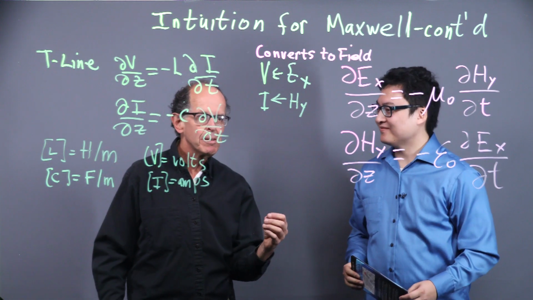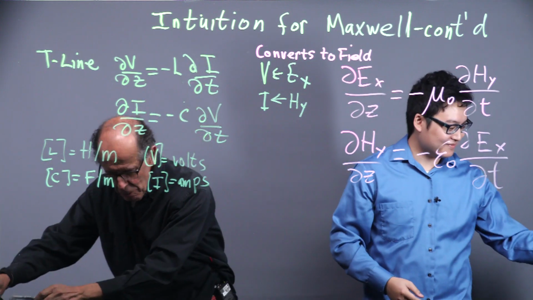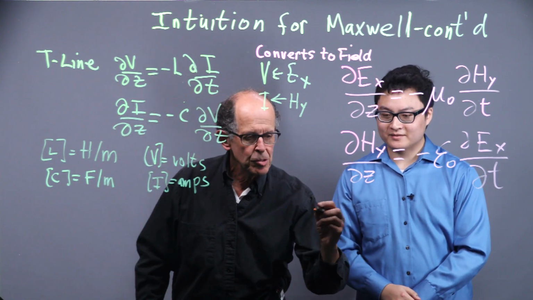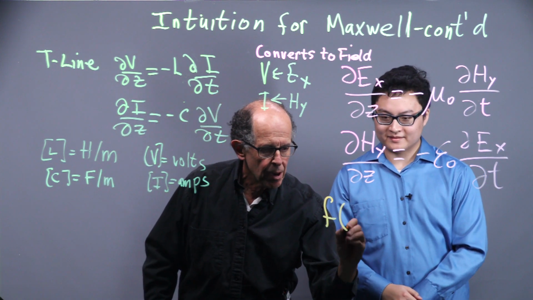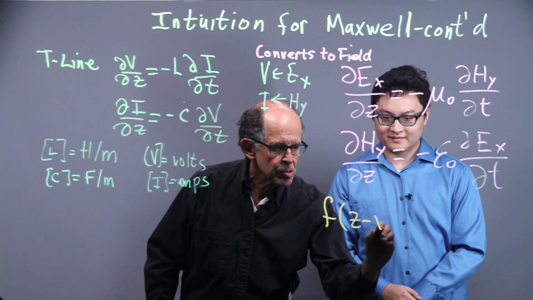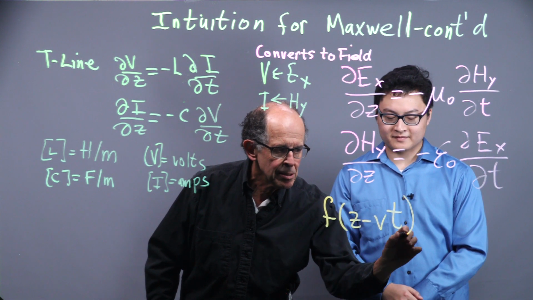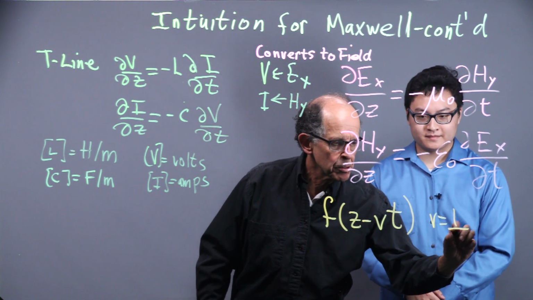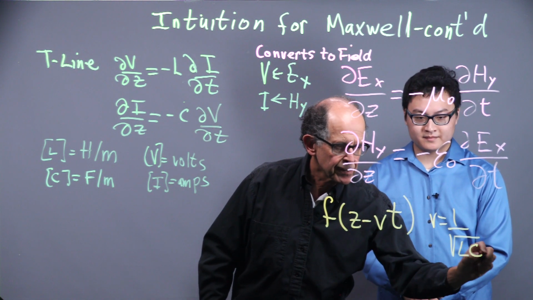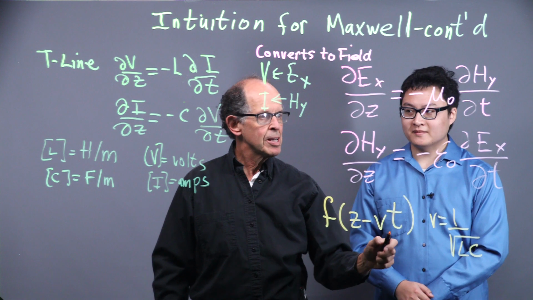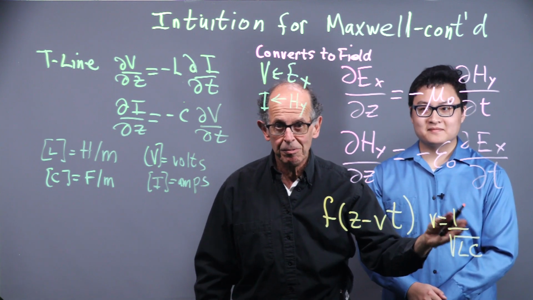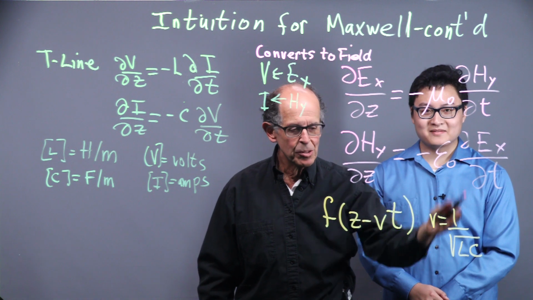Well, I think we've got to remember that when we solve these equations, our solutions are still going to be f of z minus vt in one dimension. Now, before, v was 1 over root LC. What do you think it is in this case? That's an exercise for you to figure out what the velocity should be.